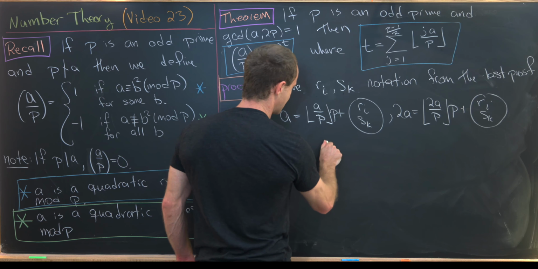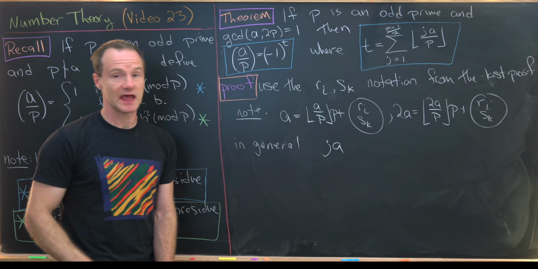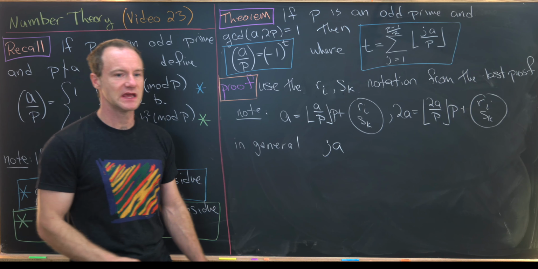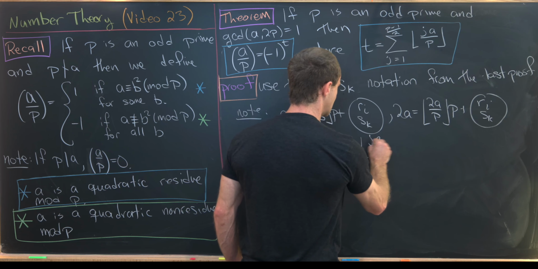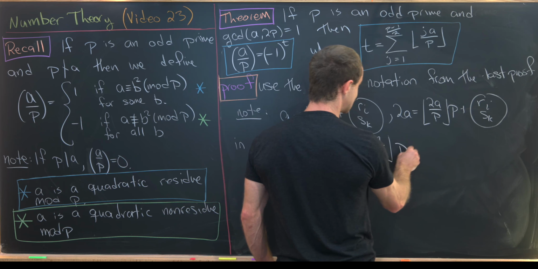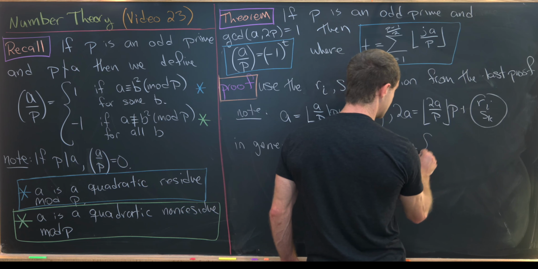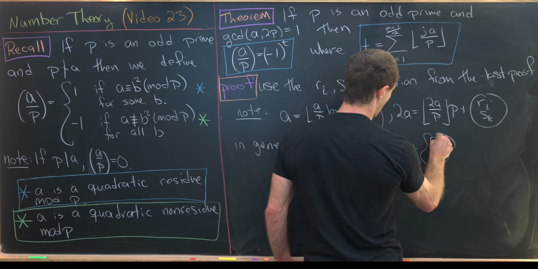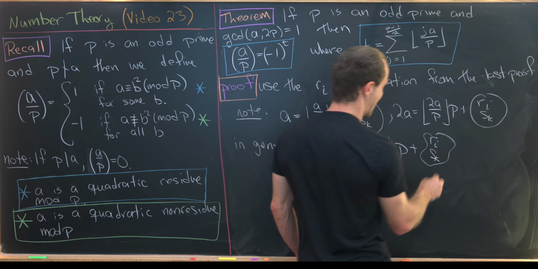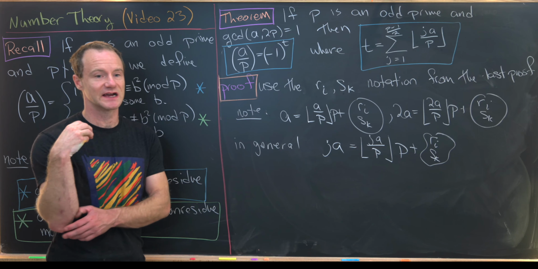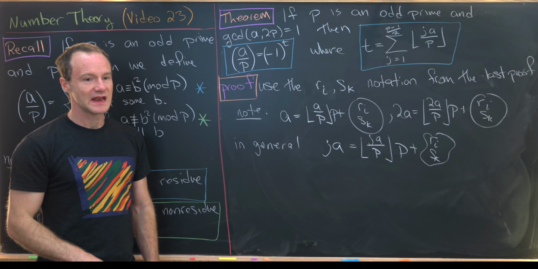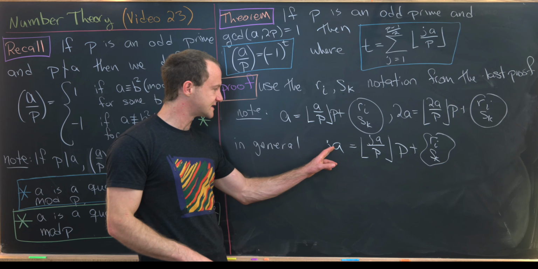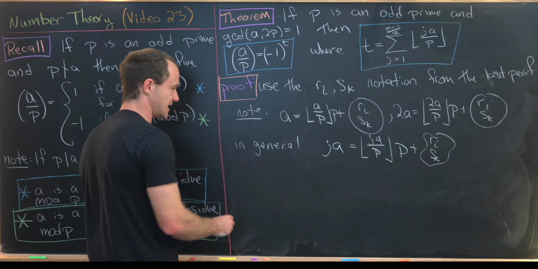So if we take the number j times a and divide it by p with quotient and remainder, we'll get the floor of ja over p times p plus, like I said before, one of the r_i's or the s_k's, depending on the size of the remainder. Okay, great. But now, essentially what we'll do is sum these objects right here.